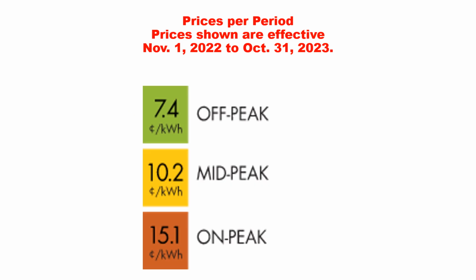Now see the current charges. I have taken the current charges, which are applicable up to October 31st, 2023. Look at the off-peak charges and the on-peak charges. Off-peak charges are almost half of the on-peak charges.